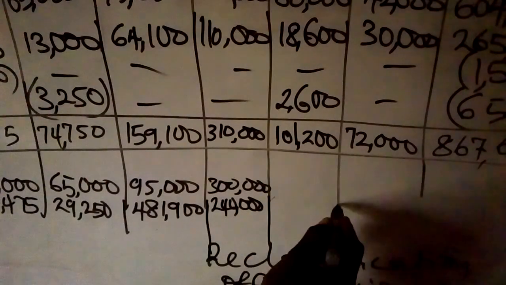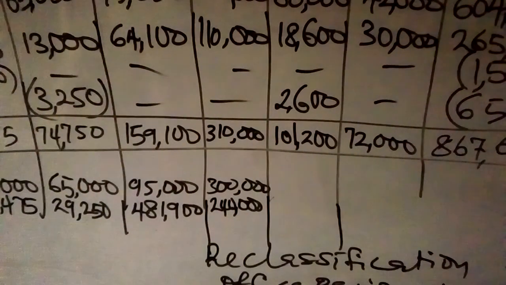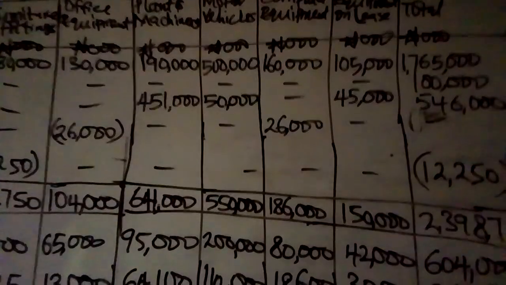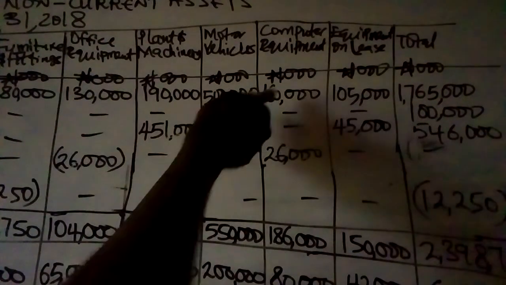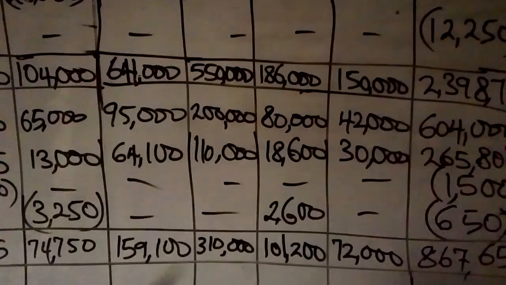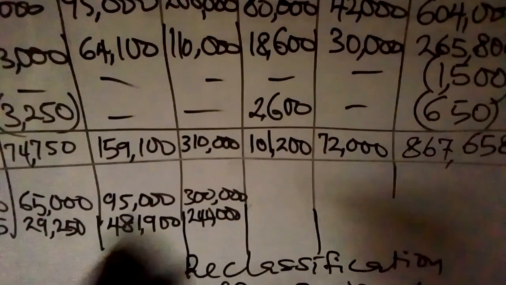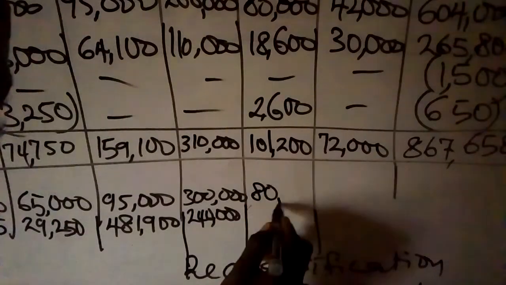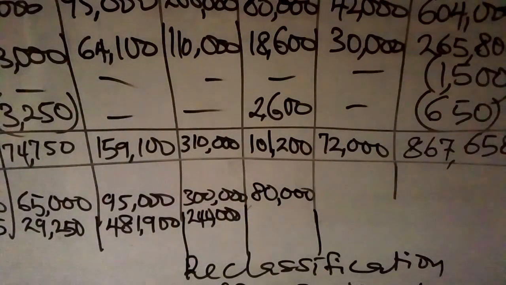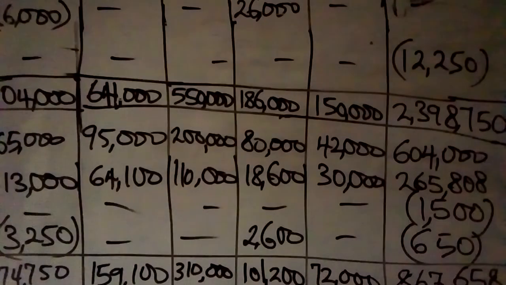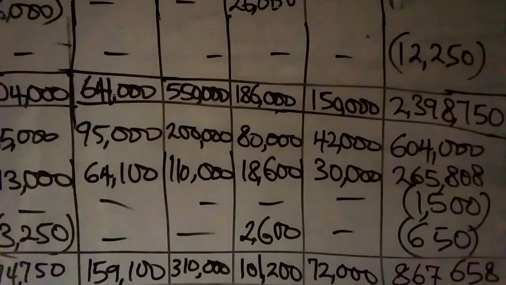Then for computer equipment, 160,000 opening balance minus opening balance of 80,000 also. 160,000 minus 80,000, that will be 80,000. Then you have the closing balance of 186,000 minus 101,200.